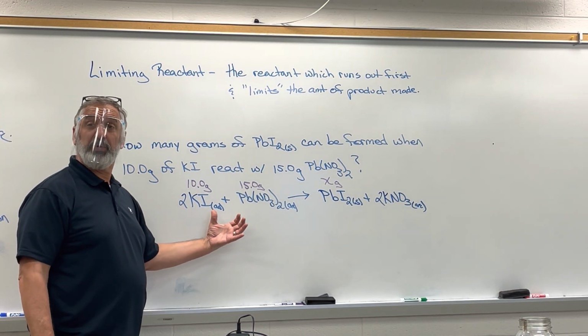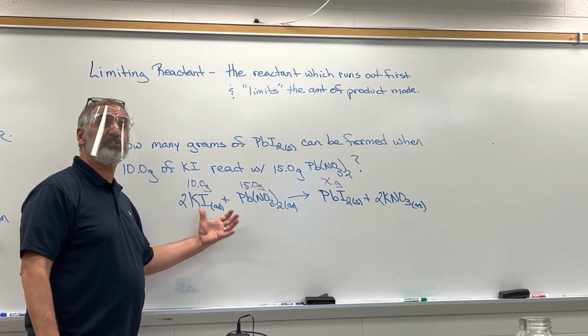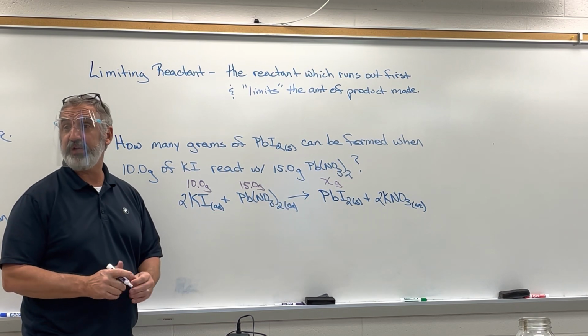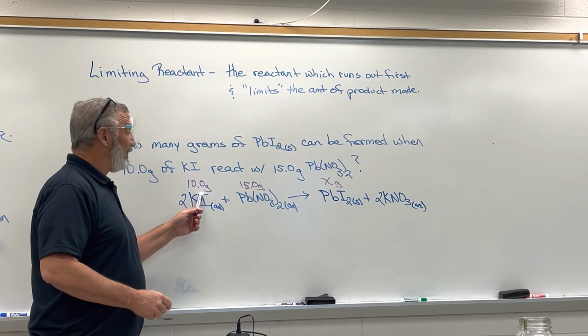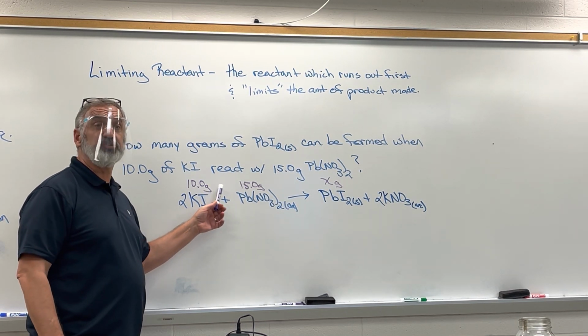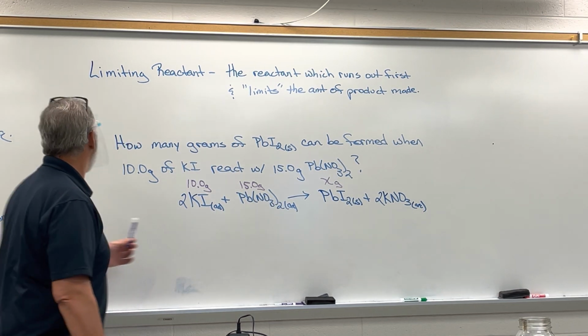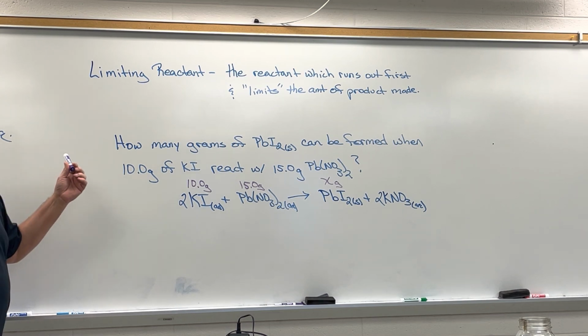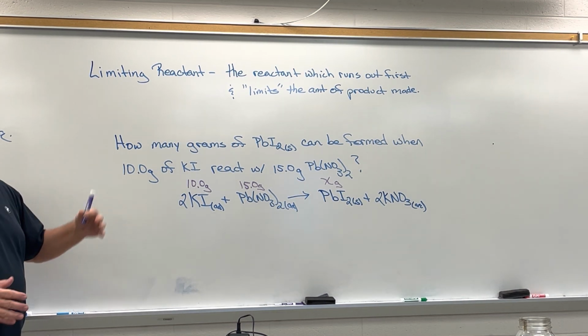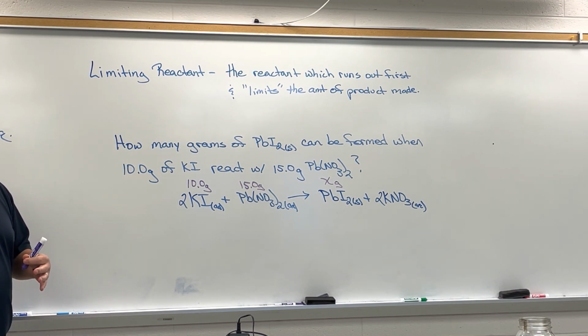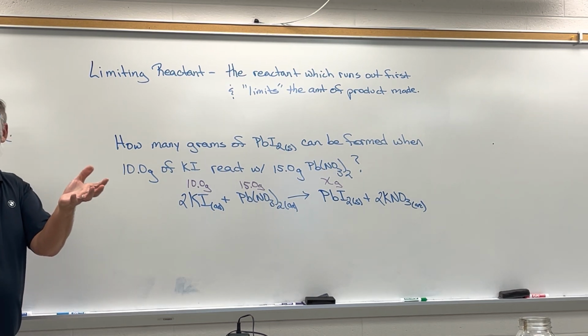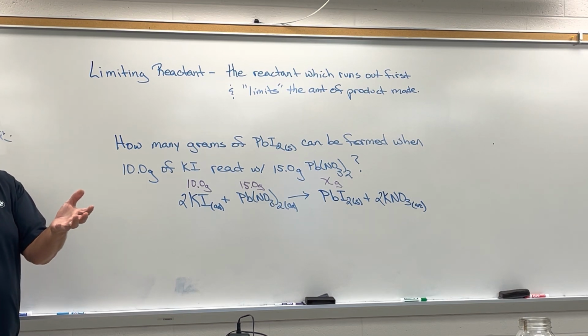So we've got to figure out which one of these is the limiting reactant. We're going to recognize it's a limiting reactant when a quantity, a mass or moles of both reactants are given. Notice on the previous example, I said so many grams reacted with excess, meaning we had plenty, and so the thing I gave you the grams of is my limiting reactant because I had excess of the other one.